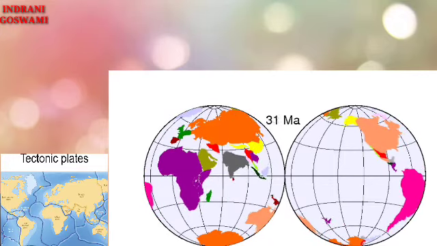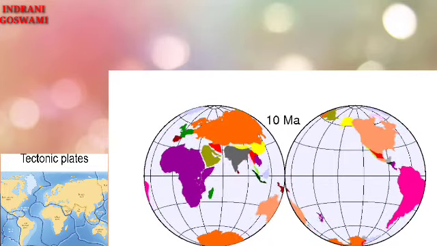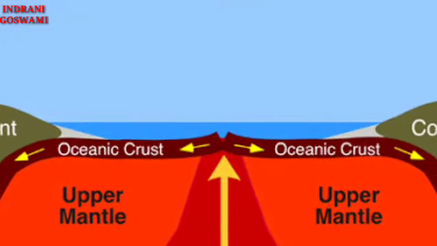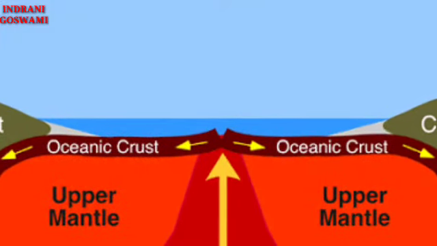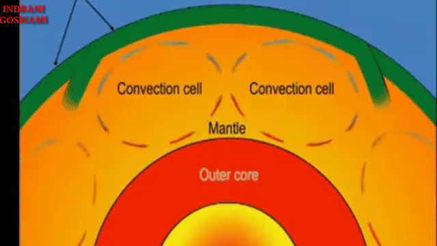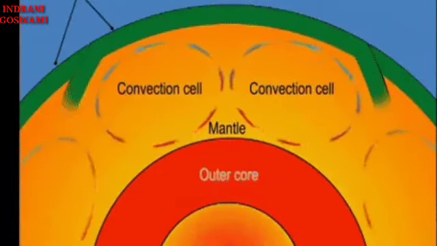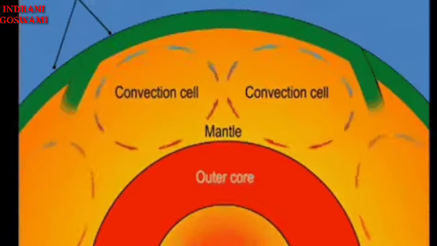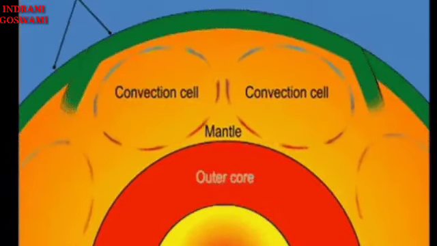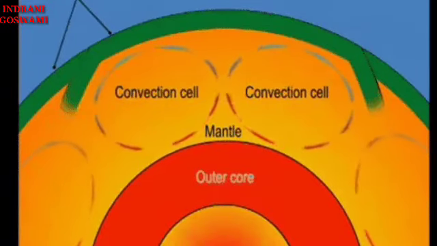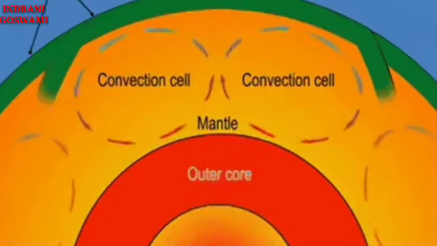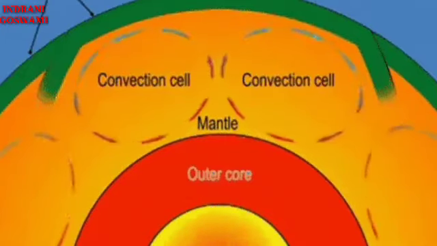So in the year of 1928, Mr. Arthur Holmes first suggested that the substructural or subcrustal currents involved the mechanism of thermal convection. So here the subcrustal currents are basically involved in this plate tectonic movement, which acts as the driving force of the movement of plates. Now the convectional current moves the crustal plates.